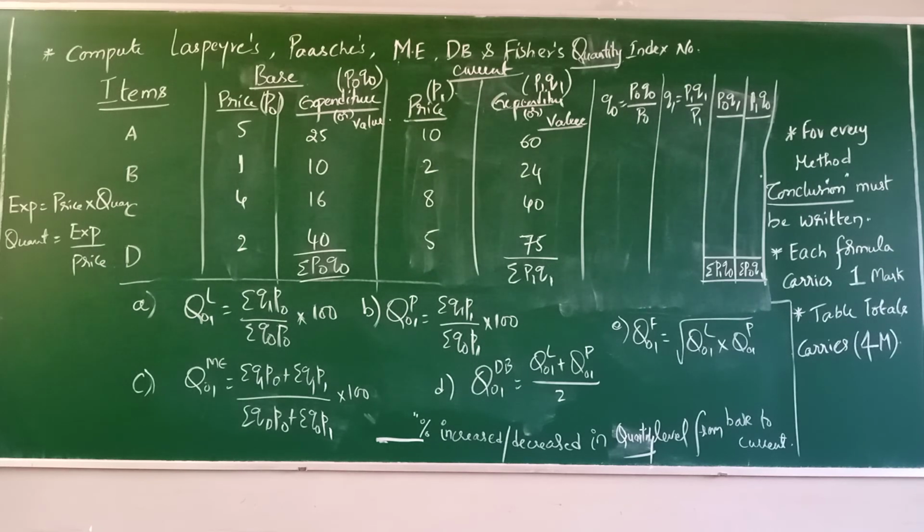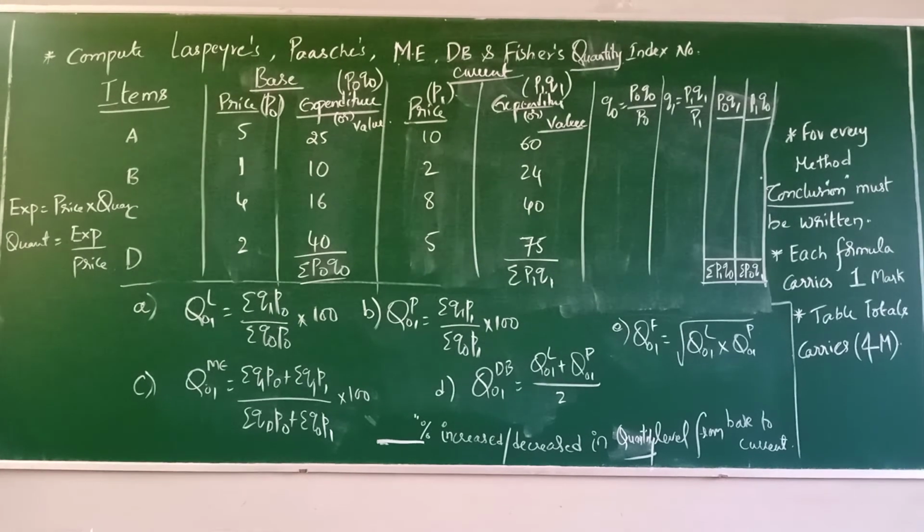So remember that. Whenever you calculate expenditure kind of problems, see what exactly is to be calculated first. Expenditure means P0 Q0 or P1 Q1 will be given, either in base or in current. So this way the problem has to be calculated.